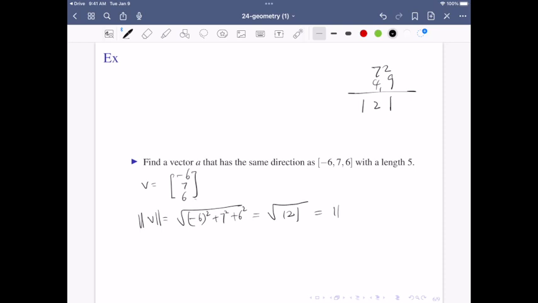Then we know that the normalization of v, or direction, is v divided by its length. So this is 1 over 11 times negative 6, 7, 6. If you divide the vector by its length, then this is the unit vector, or direction.